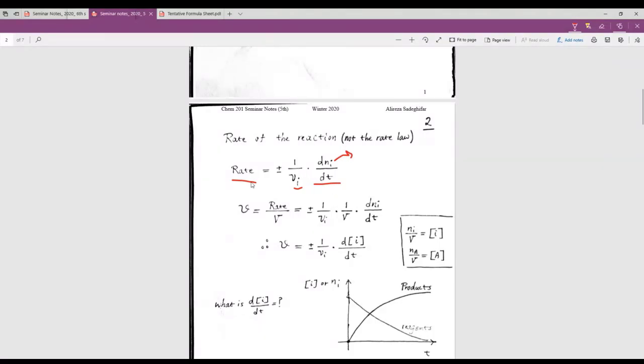This is not the rate law, so it is important. This is another definition of rate, but it's not the rate law. The rate law, I'll get into in a minute, but the rate law is an empirical equation. This equation is not empirical, it's a mathematical equation. They should, at the very end, be the same.